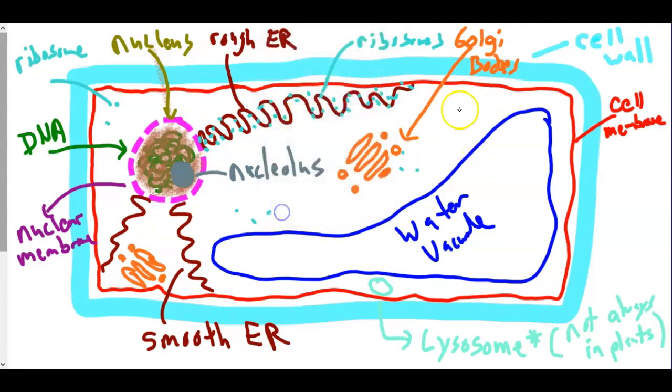They're going to be like a jelly bean shape, and inside they have a membrane that goes back and forth, back and forth, back and forth. And that gives them a lot of surface area to do chemical reactions. Okay, and these guys, like I said, cells will have some, they might have more if the cell is really active and needs lots of energy to do stuff.